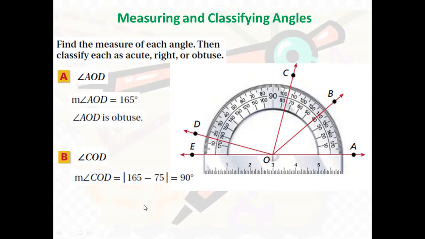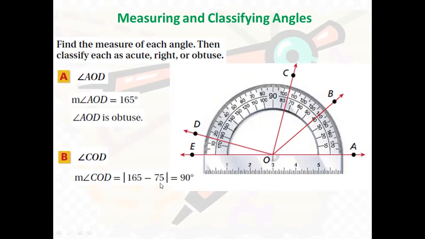So you subtract both of them. 165 minus 75 will give you a 90 degree. Or you can even choose the numbers which are up. That's 15, and here the upper number is 105 because it's between 100 and 110, so 105. So 105 minus 15 will give you a 90 degree as well, but make sure that you choose the same. Either you choose the lower numbers or you choose the upper numbers.